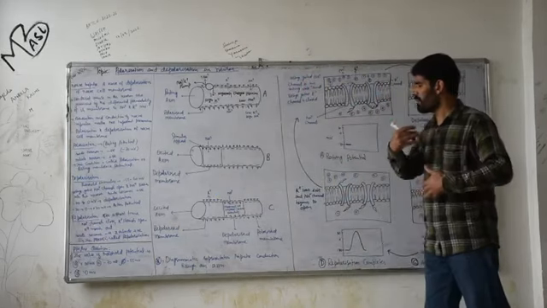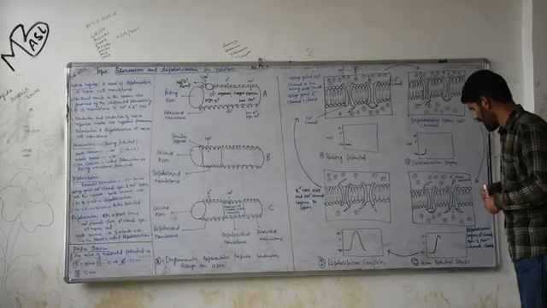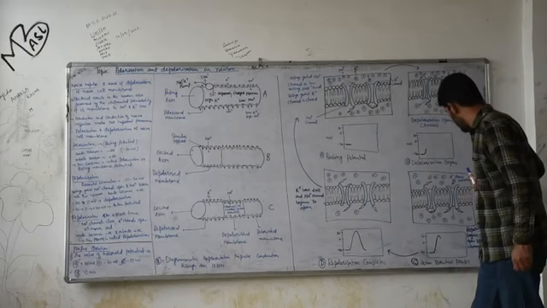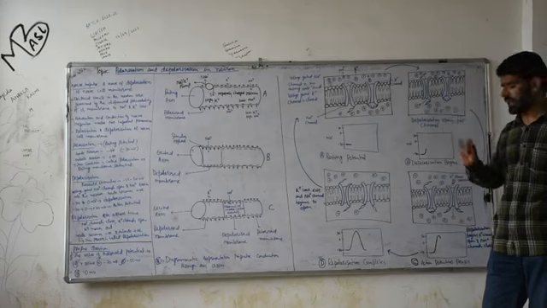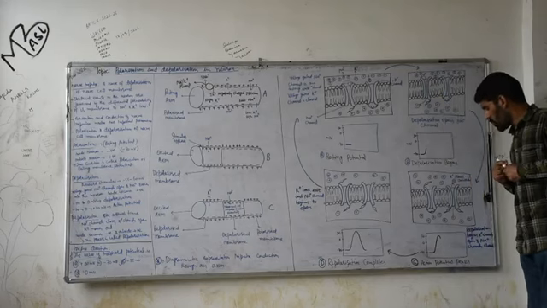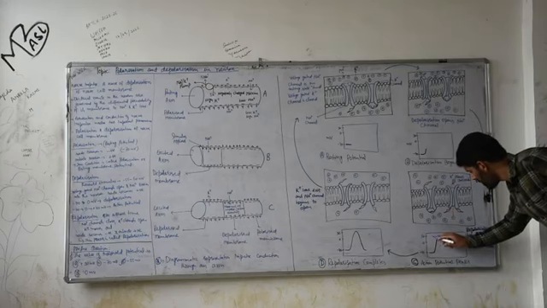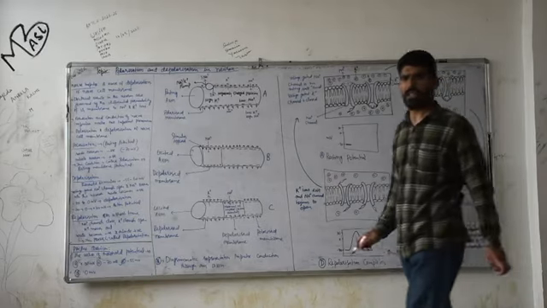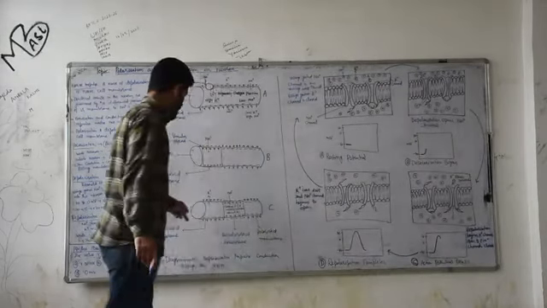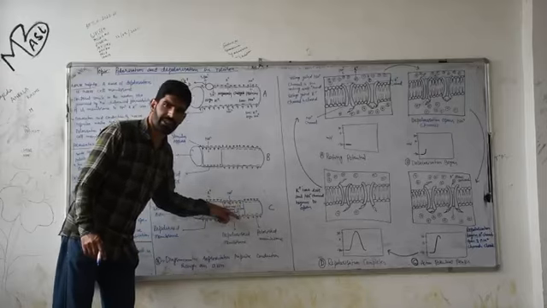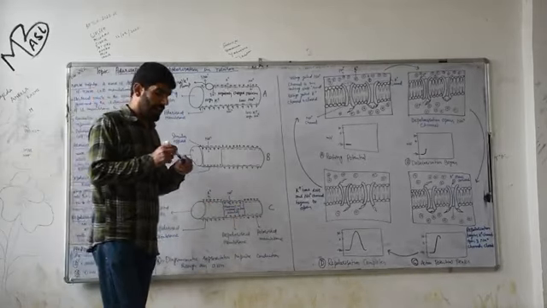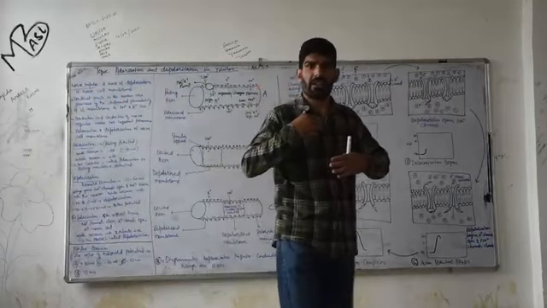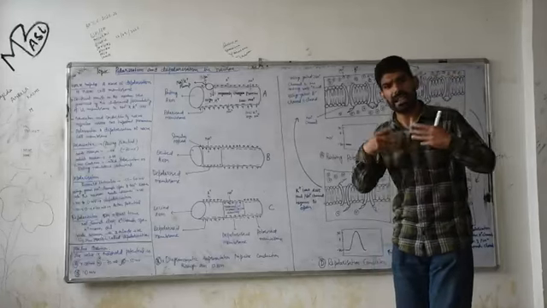So this is called repolarization. When the repolarization begins, the electric potential will drop from plus 30 to minus 70. You see, in the repolarization it drops to minus 70, that is, the resting potential is regained.